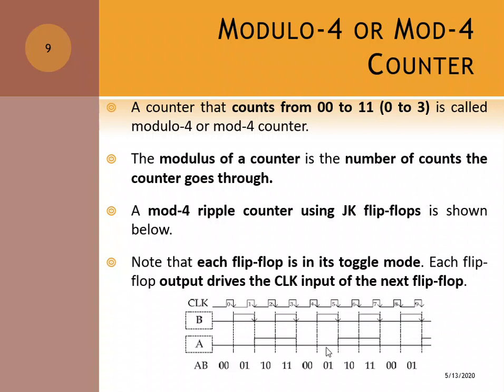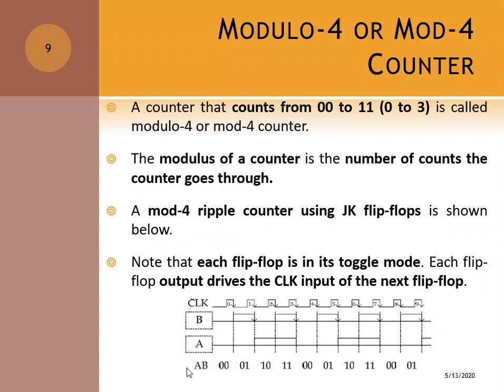Then followed by A0, B1, 0, 1. Okay, next, A1, B0, 1, 0. Next, 1, 1. Okay, A1, B1, 1, 1. And then A0, B0, 0, 0. Next, A0, B1. So 0, 1.